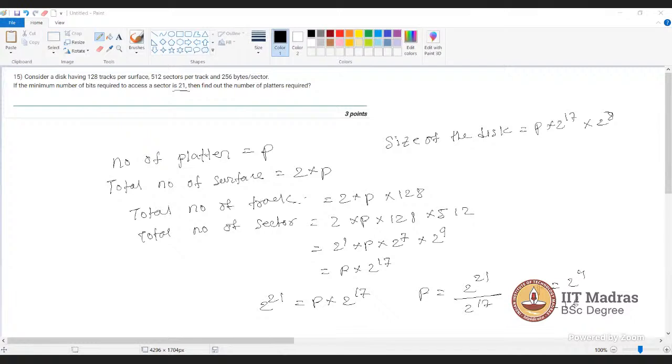Is it clear? The size of the address is always dependent on the number of sectors. To start small, suppose you want to access 16 locations, 0 to 15, you need 4 bits of address, and that is how it proceeds. So did I explain this?